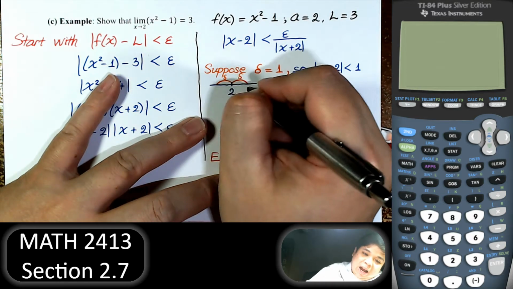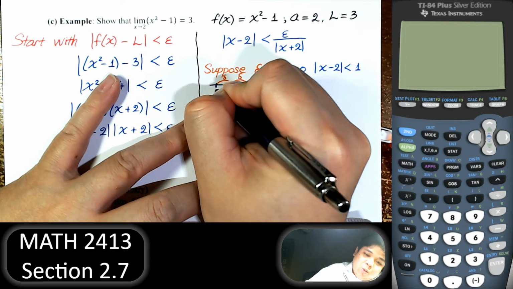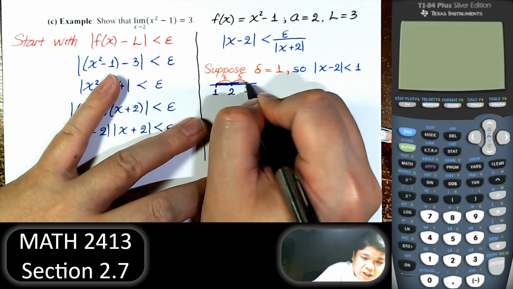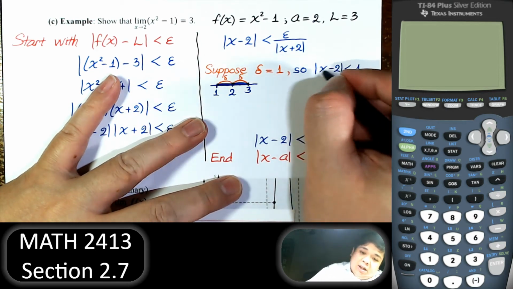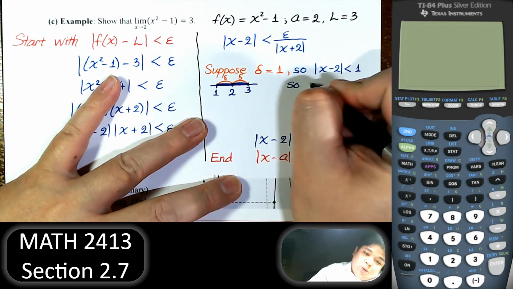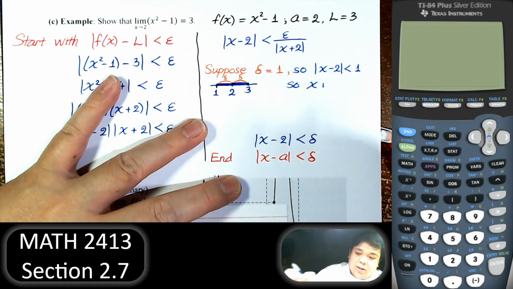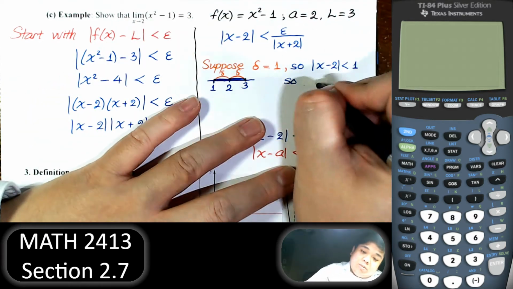So add 1 is 3, subtract 1 is 1, meaning that x has to be between 1 and 3. If the absolute value of x minus 2 is less than 1, then x is between 1 and 3.